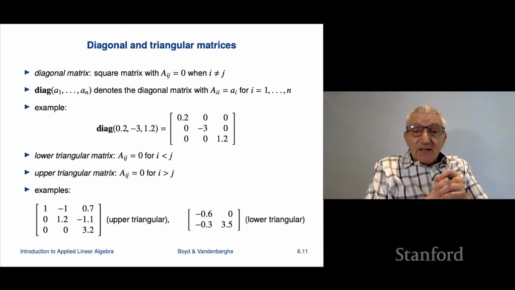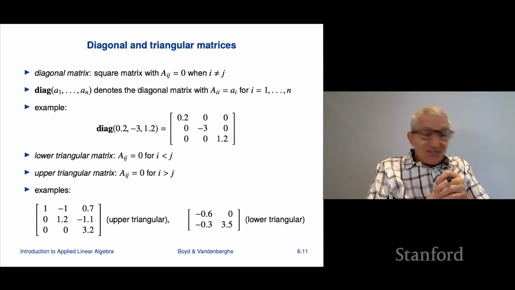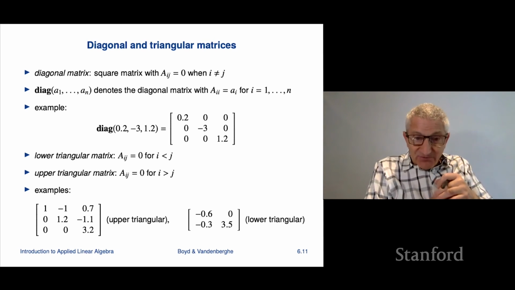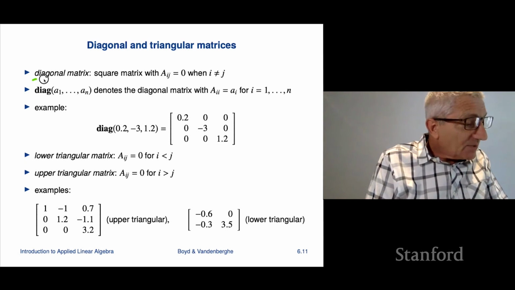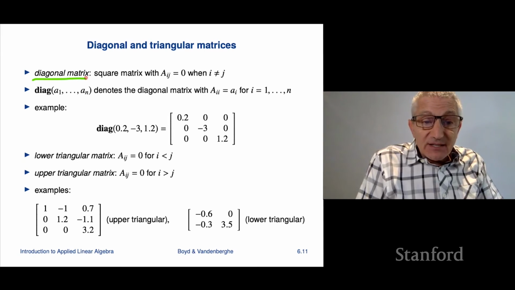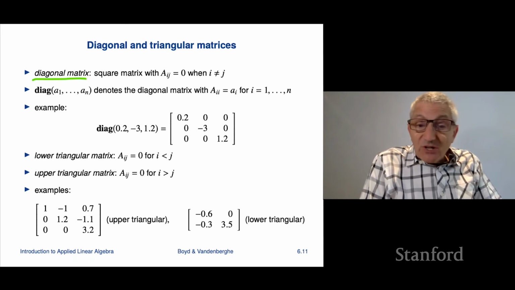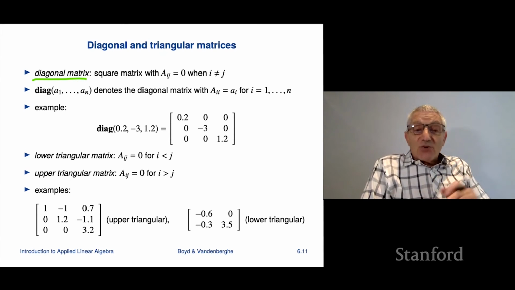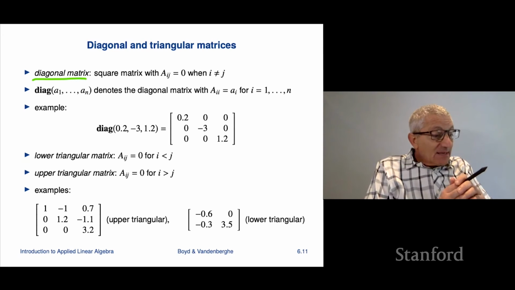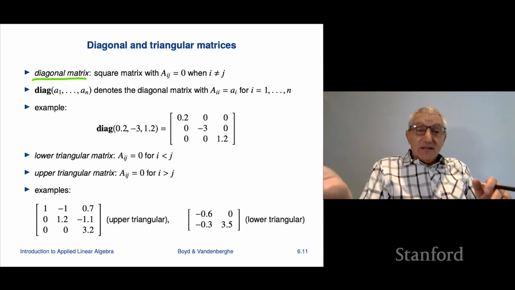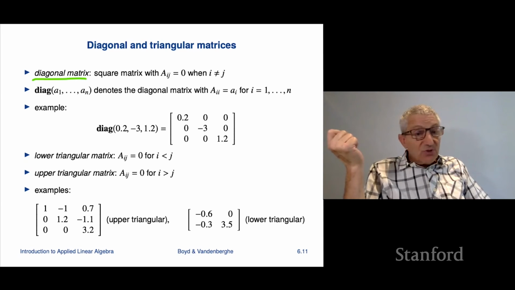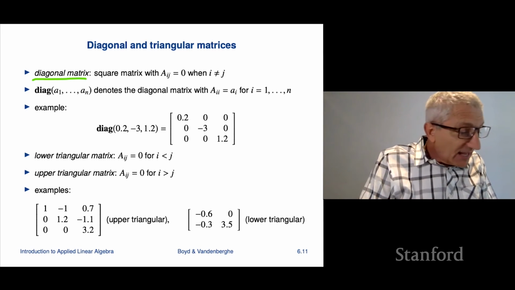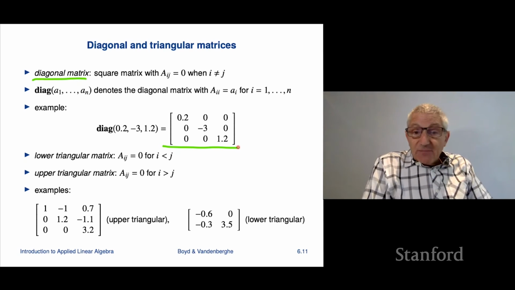We have diagonal and triangular matrices, right? Again, there's no analog of this for vectors. A diagonal matrix is a square matrix for which a_ij is 0 for i not equal to j, and that means simply that if your row and column index are different, the entry is 0, and so that's a diagonal matrix right there. Okay, that's an example.